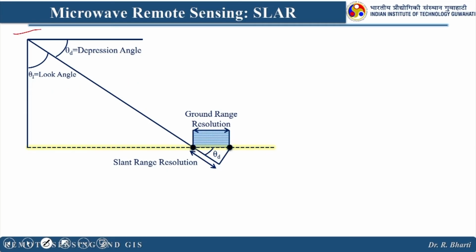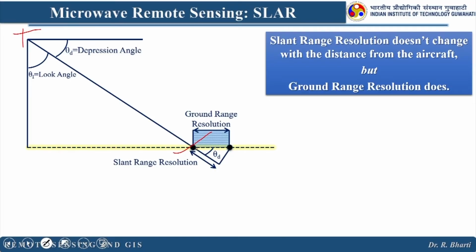We will illuminate from here, and that transmitted signal will reach this particular surface, and then it will interact with this area or the object. So the slant range resolution does not change with distance from the aircraft, right, the slant range resolution, because this is one angle at which we are looking at this particular area.